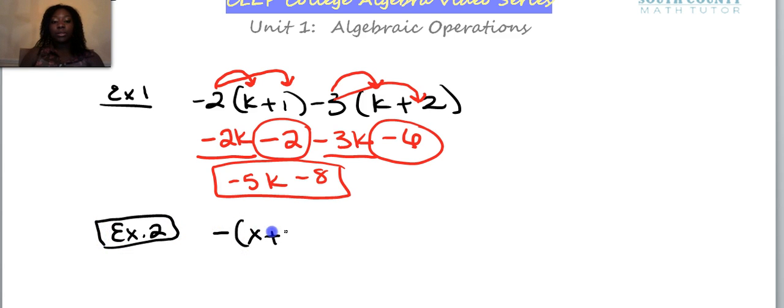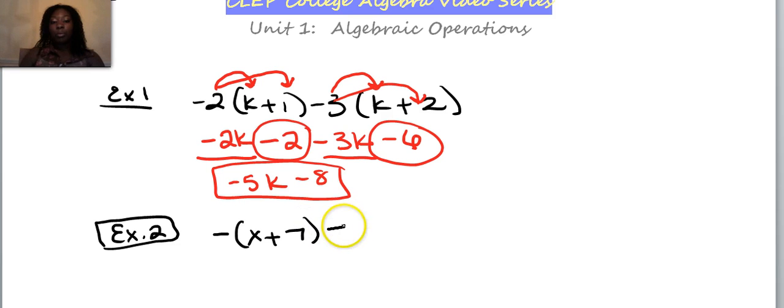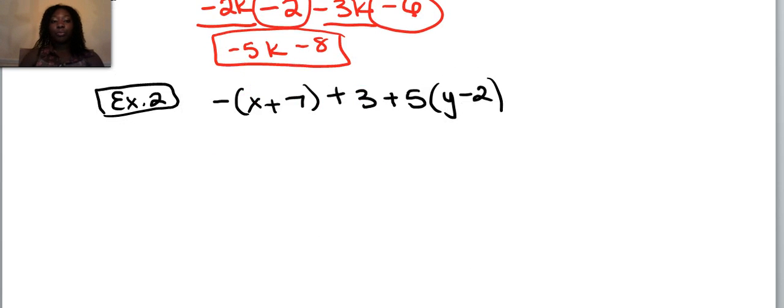Okay, what if you had example 2? Negative x plus 7, plus 3, minus, let's make it plus 5y minus 2. Okay, so normally you would do PEMDAS and do parentheses first.